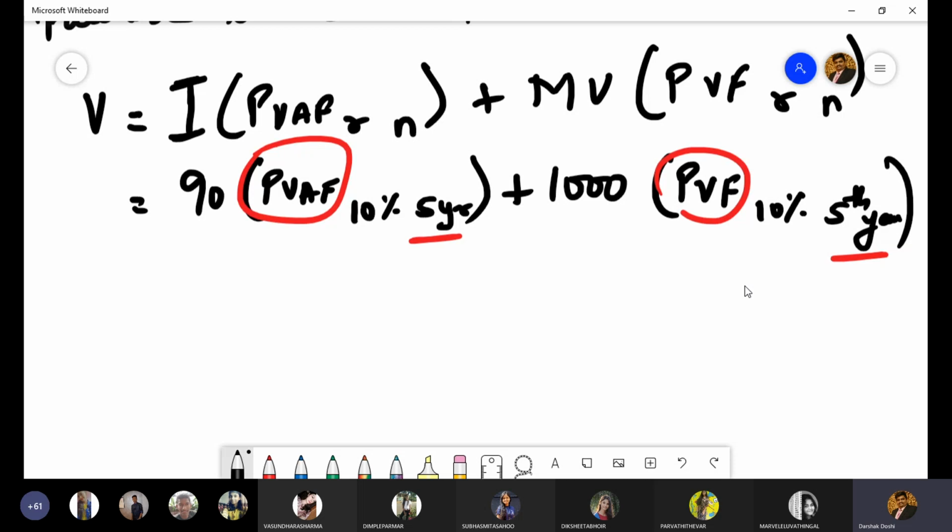Press M plus. Press is equal to, M plus. Press is equal to, M plus. You must have pressed is equal to 5 times. Why 5 times? Because we want for 5th year and 5 years. How much do you get on your calculators? 0.6209 something. Yes, sir.